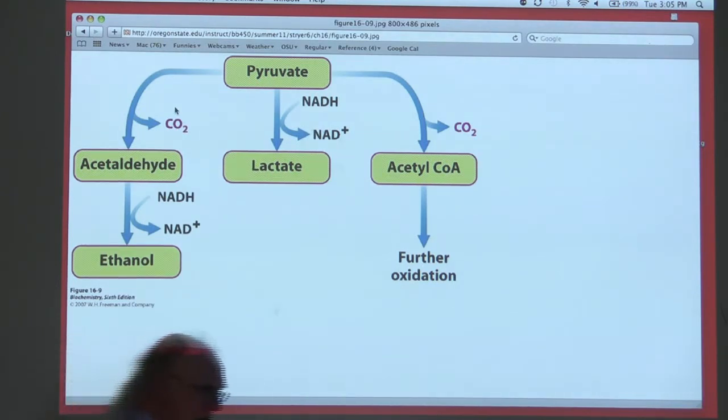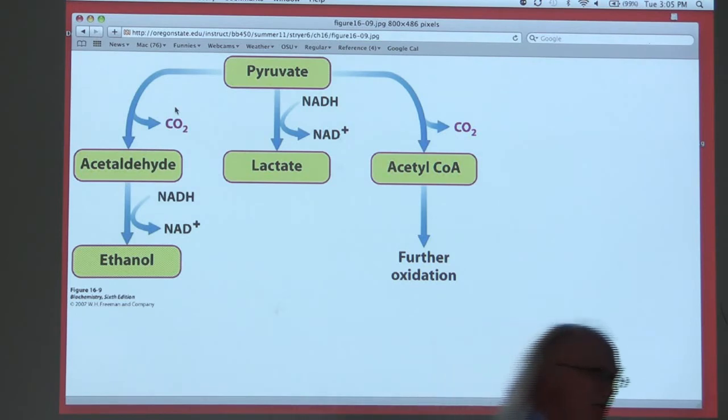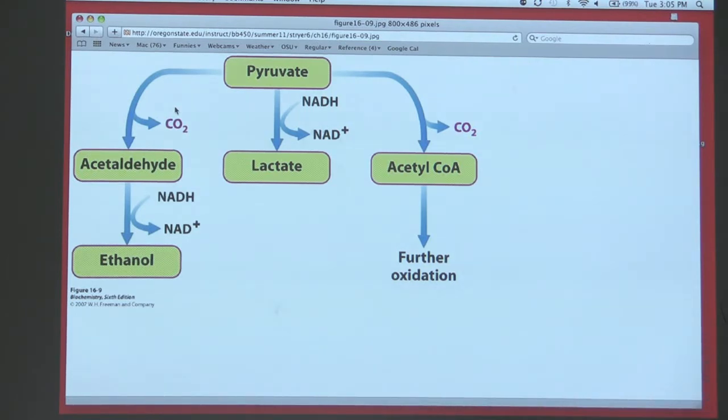It also depends upon the exact type of cell that we're talking about. So, for example, the conditions and the cells that will favor the production of ethanol will include lack of oxygen and bacteria/yeast cells.